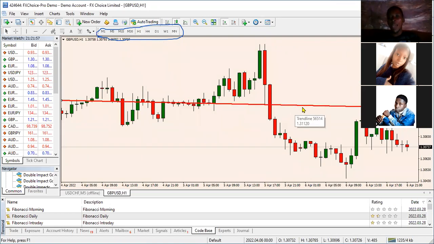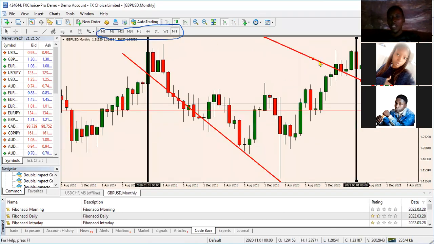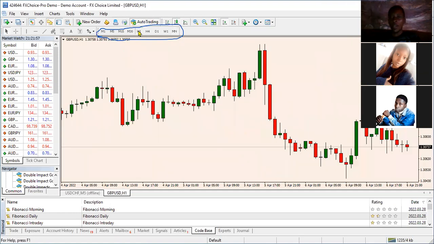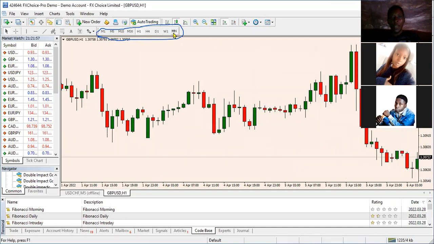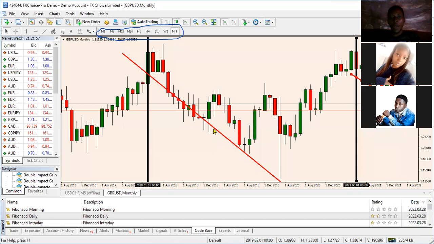So you see, this is our line that shows the downtrend. This very line, can you see it? This very line that I drew. Let me even reduce the height so that you won't get confused. So let's go back to 1 hour. So you see, it has disappeared.